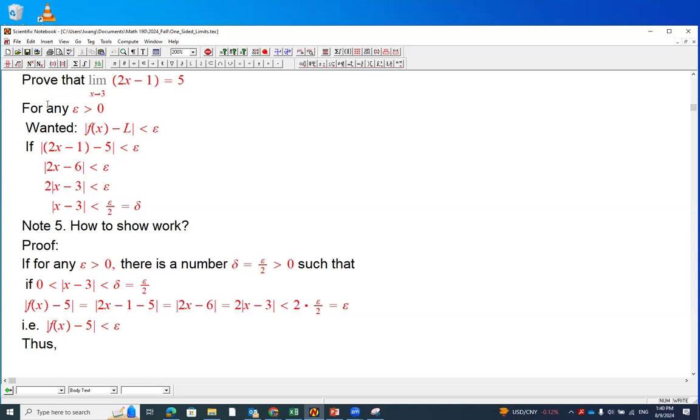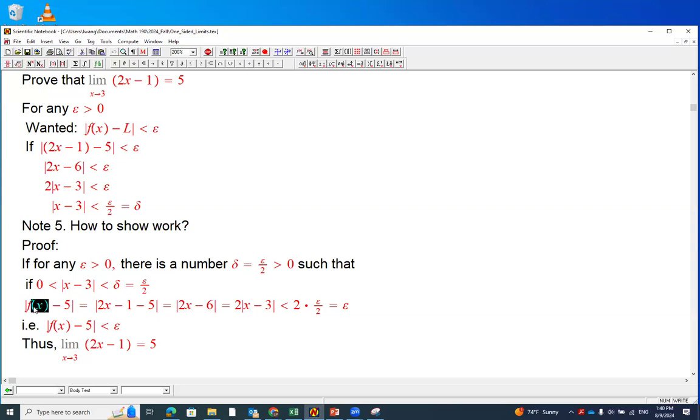thus, the limit as x approaches 3, we can even write 2x minus 1, is equal to 5.